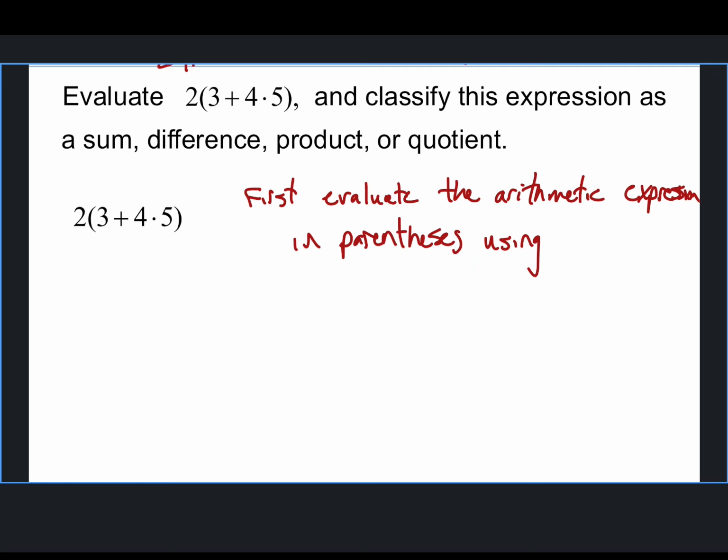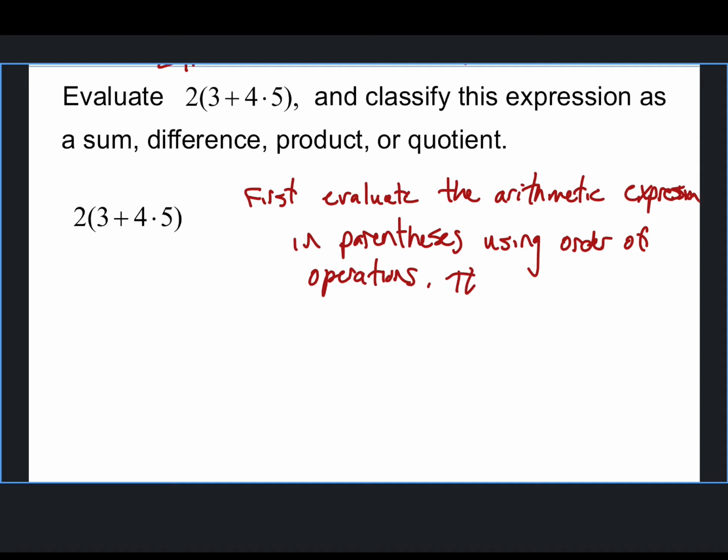We're going to use order of operations, right? So the first thing we do is add 3 plus 4. No, we're not going to add 3 plus 4 first. We're going to multiply first. Multiplication always comes before addition and subtraction.